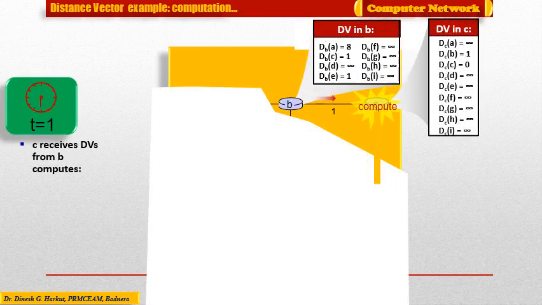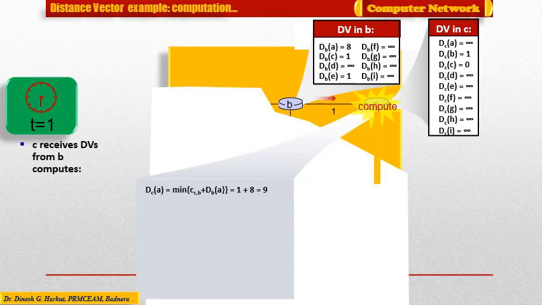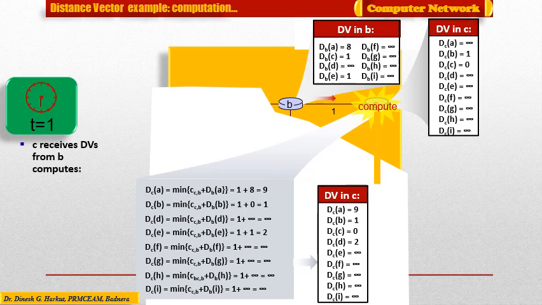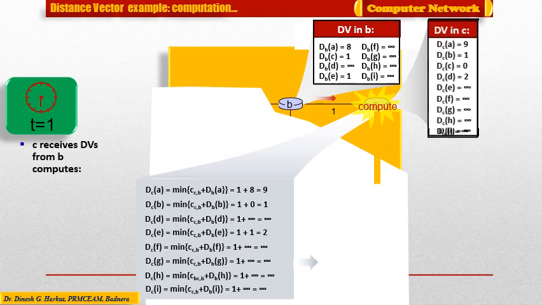For example, here, suppose B is sending its updated distance vector to the neighboring node C. On receipt of the updated distance vector from B, C will recompute its own distance vector and update it.